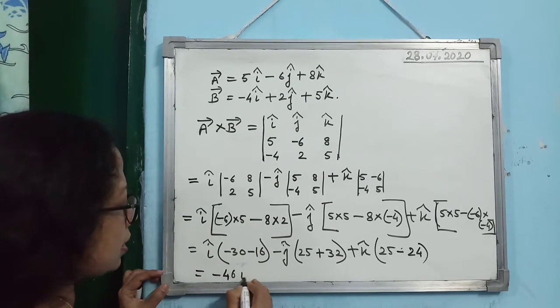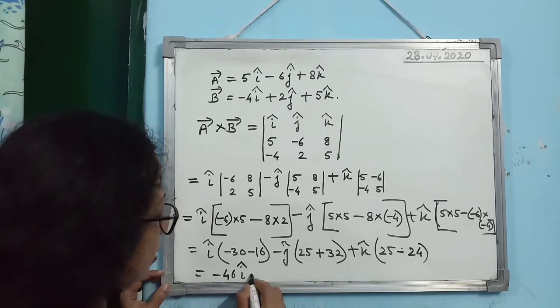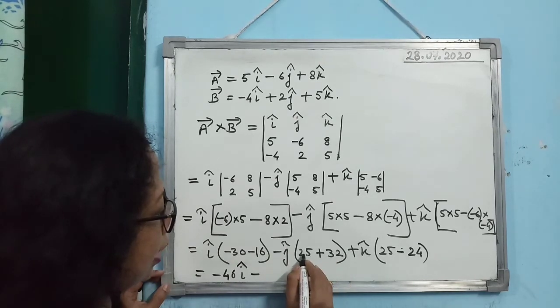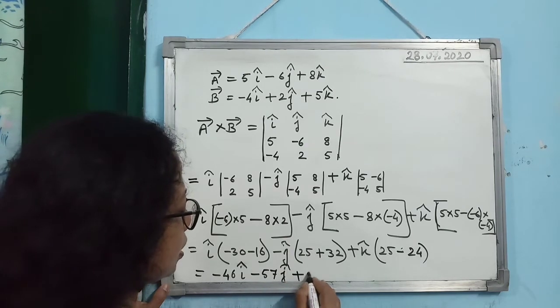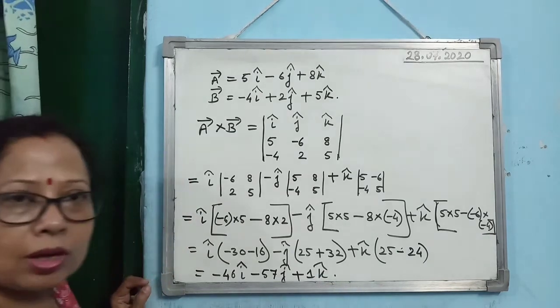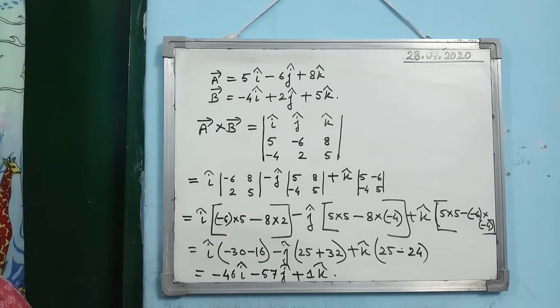Minus 46i. Then it is coming 25 plus 32, which is 57, with a minus sign here, so minus 57j. And it is coming plus 1k.